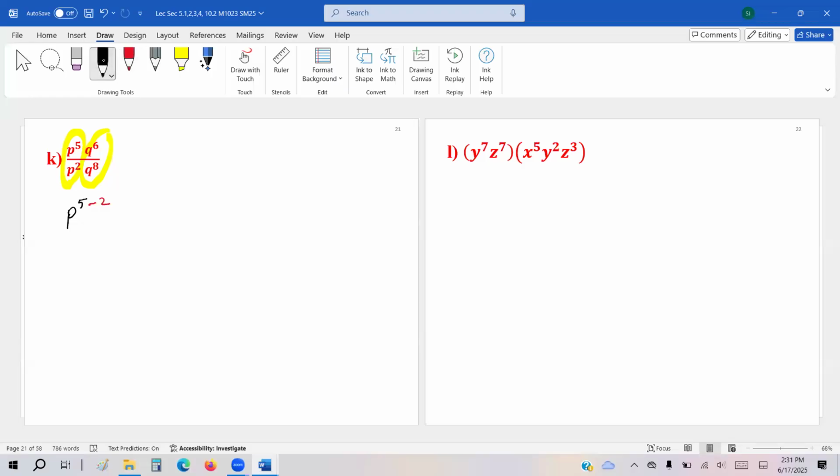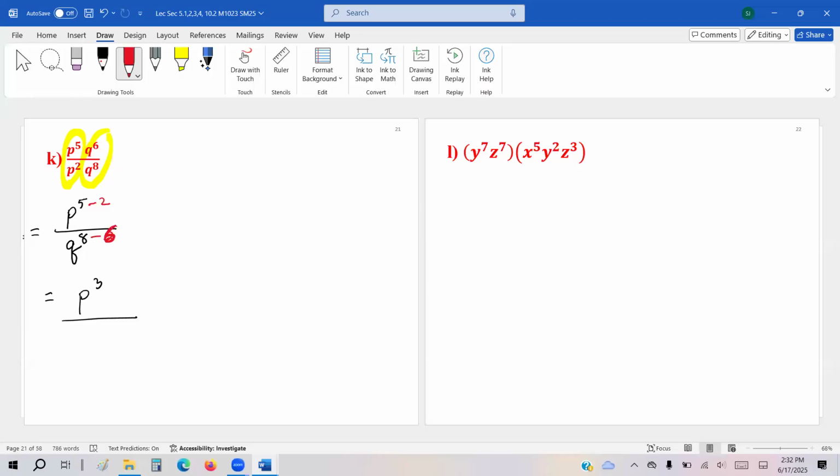Great. And then p3, or you can simply write q on the denominator. So denominator is bigger. Sorry, it's 6.